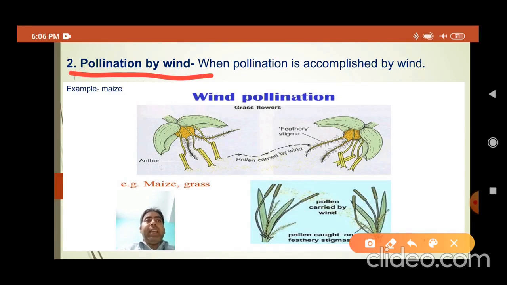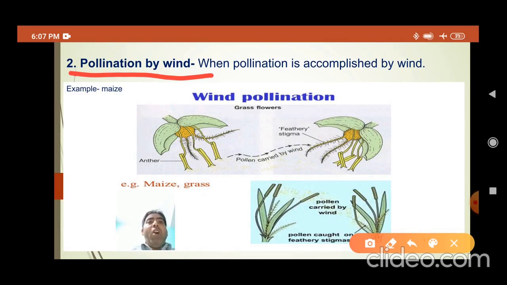The blowing air, the wind, carries mature pollen grains from one flower to another flower and helps in pollination. Wind pollinated flowers are found in plants such as grass, wheat, corn, sugarcane, rice and maize. Wind pollinated flowers are usually borne in clusters. They do not have sepals and petals and also do not produce nectar.